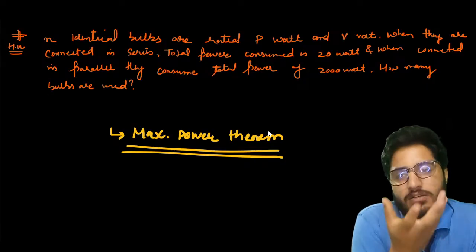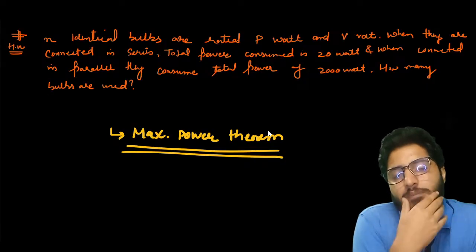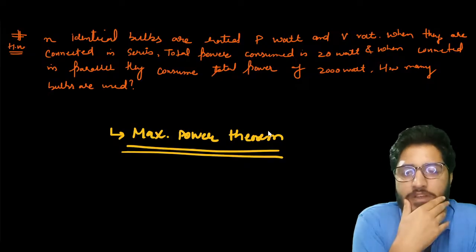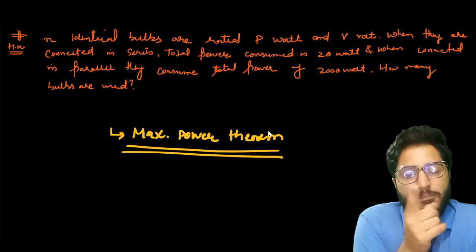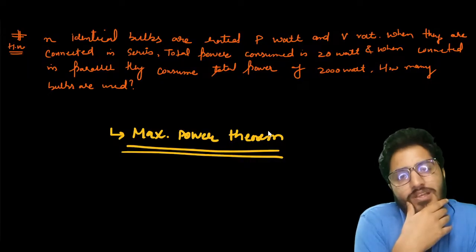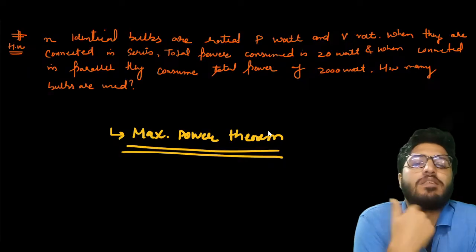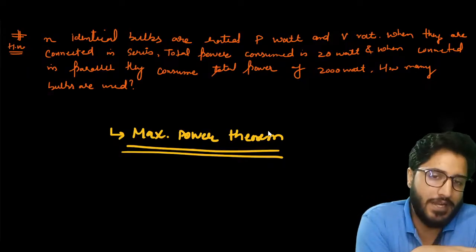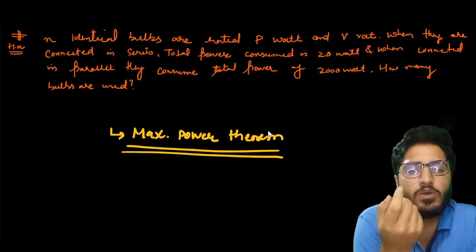In this numerical, the power in series and parallel combination, you will get it very well. Then we will start the maximum power transfer theorem, and we will continue the bulb portion. Then you will have a lot of things. Which bulb will be more bright, which will be less bright, right? Those numericals we will be doing tomorrow.